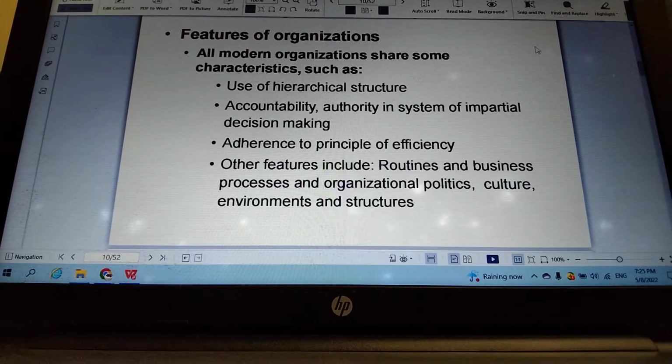If you look into any modern organization that exists today, first of all, the first thing you will be introduced to is the organization chart, or what we call the hierarchical structure. Then who is responsible for what, their roles and positions. The roles and positions come with authority in the system in making decisions. For example, who are the top management, middle management, and so on.